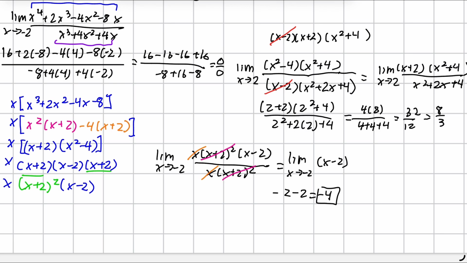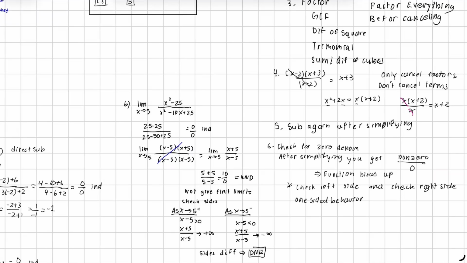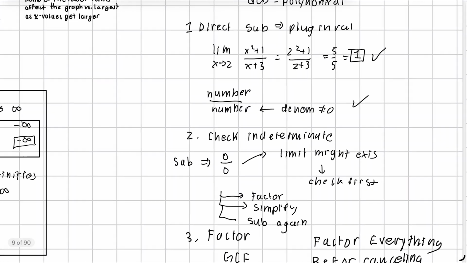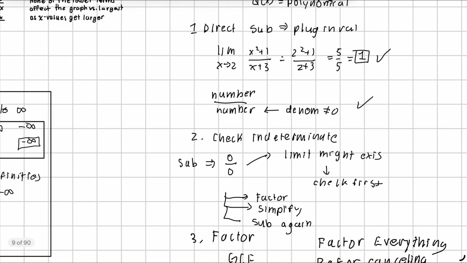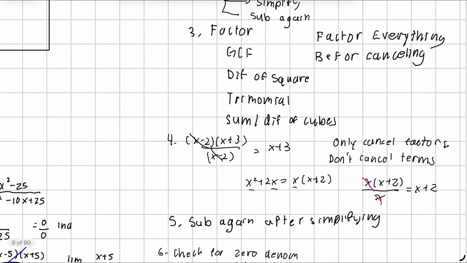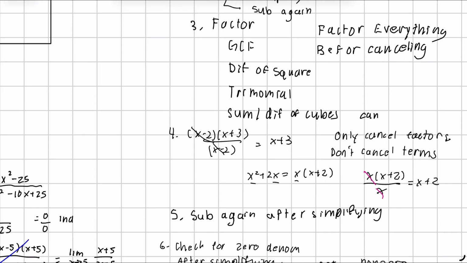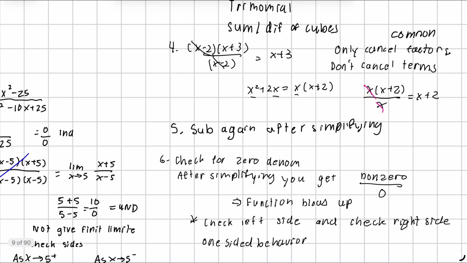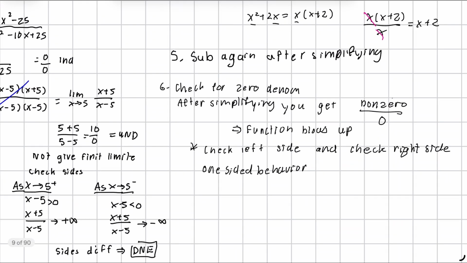So overall, for rational limits, let's review our steps. You want to plug in first. If you get a normal number, then you're going to be done. If you get 0 over 0, this is indeterminate, and then you factor. So then you're going to cancel out your common factor. After you cancel out your common factor, you're going to substitute again. And if you get a non-zero over 0, then you're going to check the one-sided limits.